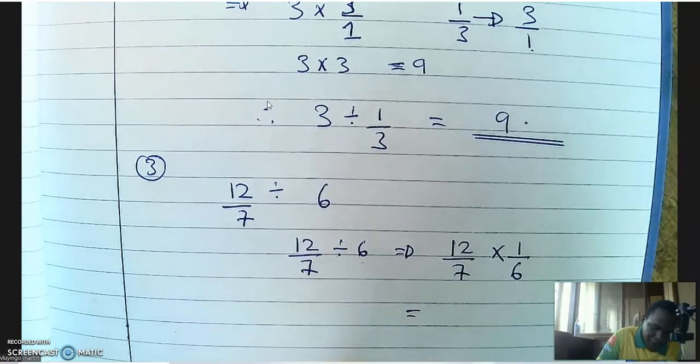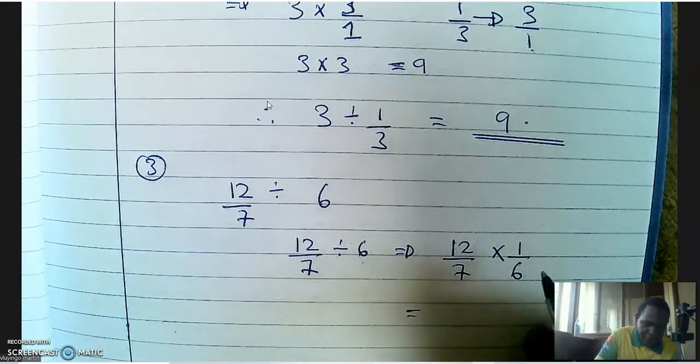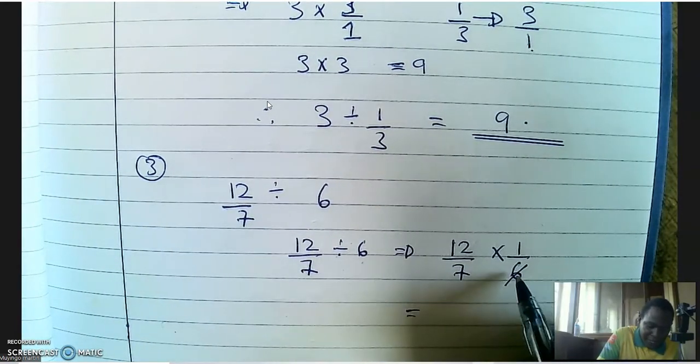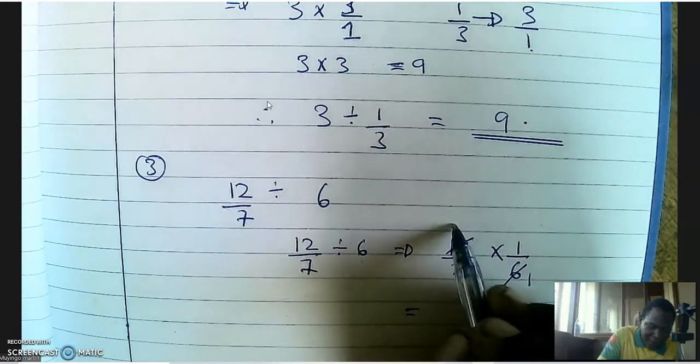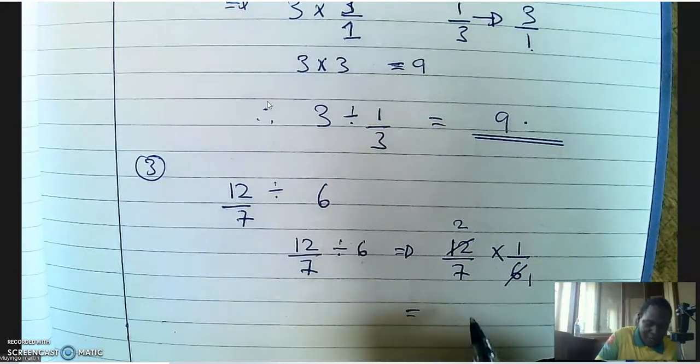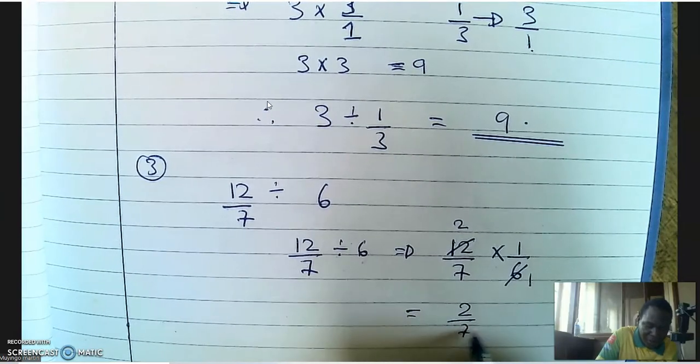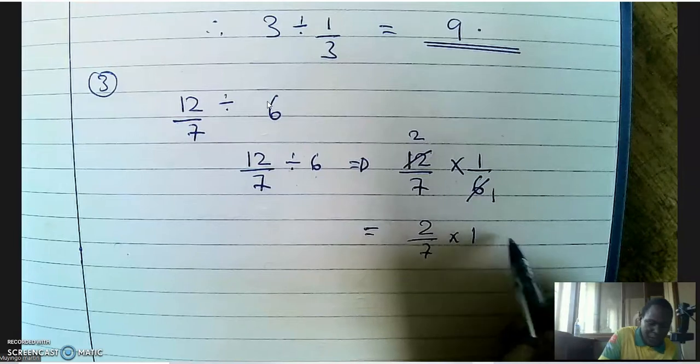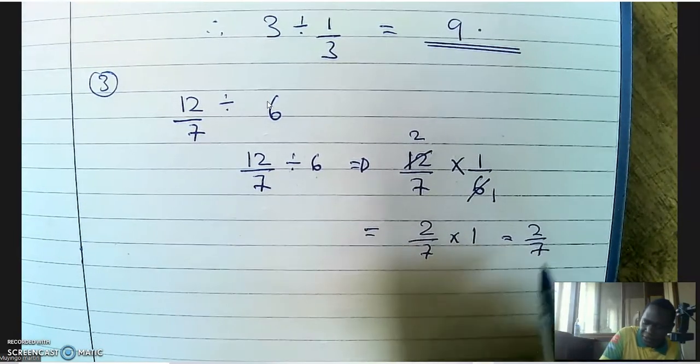Therefore, I can work this out further. We know we can reduce by 6. It can go into 6 once, and into 12 twice, meaning we shall have 2 out of 7 times 1, which gives us 2 out of 7.